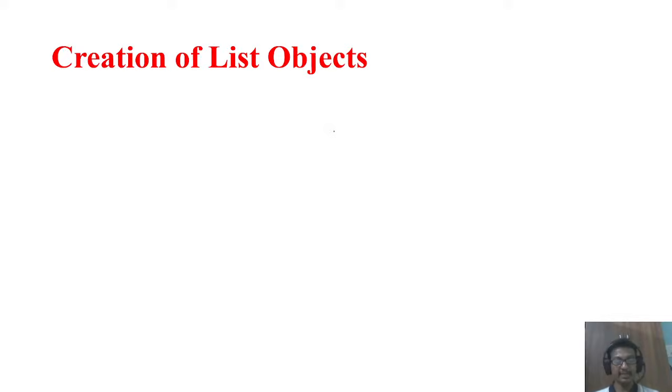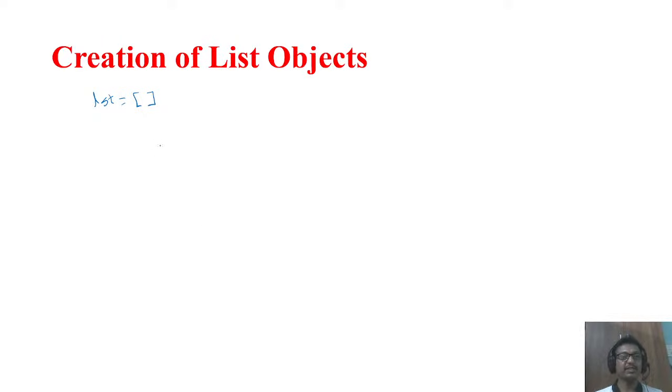Then how do we create the list? Generally we can create an empty list. A list can be created just by placing empty square brackets, because we represent the list with the help of square brackets.